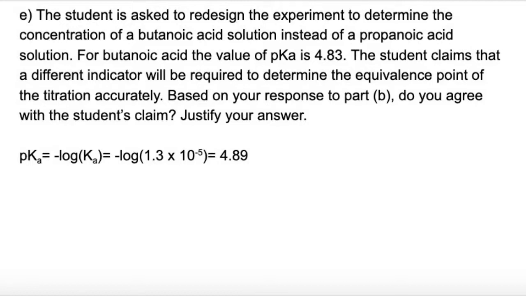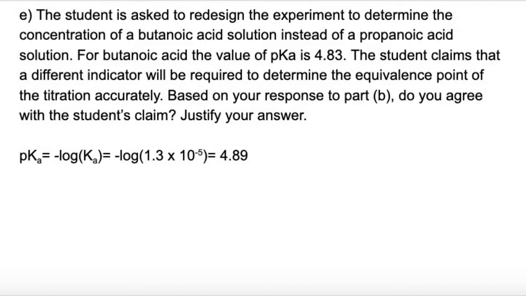So from this, you're supposed to pick up on that you need to find the pKa of the indicator from the pKa, or from the Ka of the propanoic acid solution.